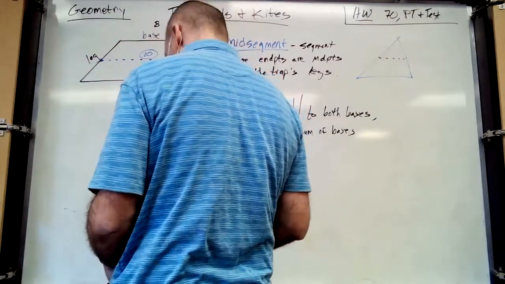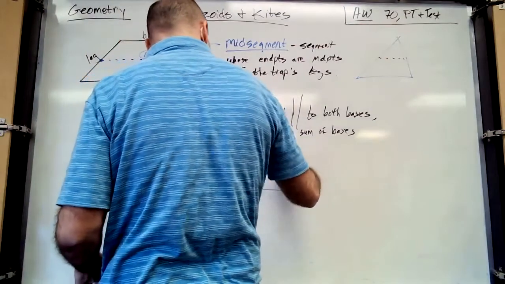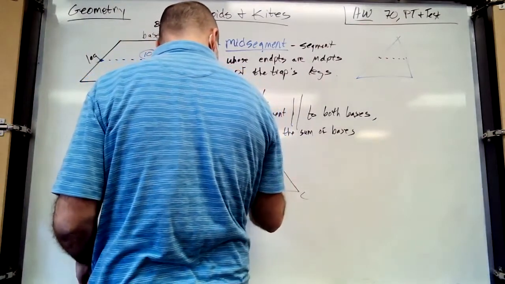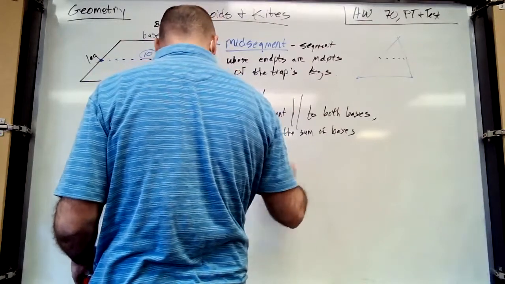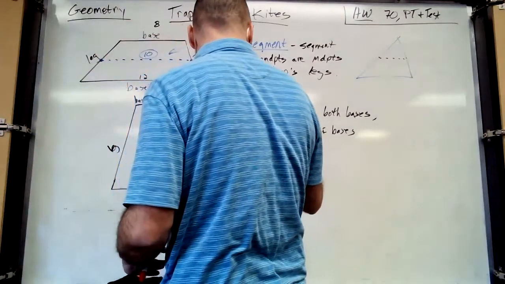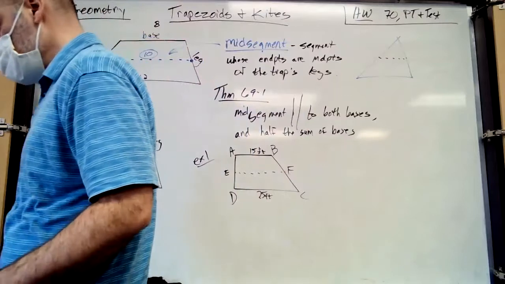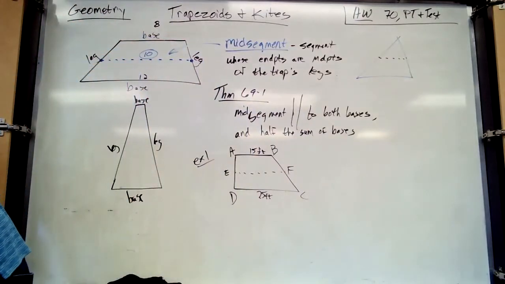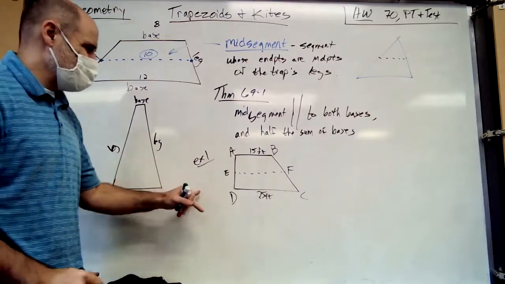But let's say this is a trapezoid. We got A, B, C, D. And then here's E, F is the mid-segment. So what is the length of the mid-segment? Raise your hand if you know it. Don't say it out loud. What's the length of the mid-segment?